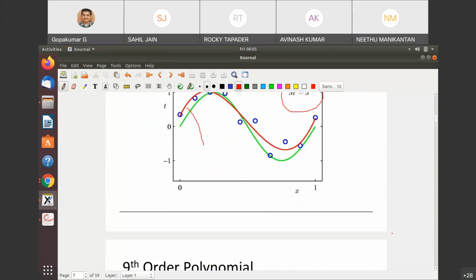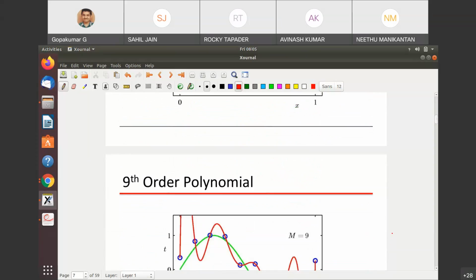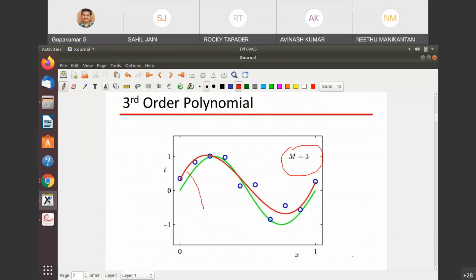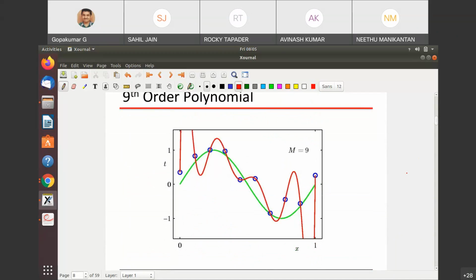And then we have seen a very large value of m. What will happen if we increase m too large? That is the specific case of m is equal to 9, where the curve that we try to fit goes exactly through the blue points. So it is a perfect fit.